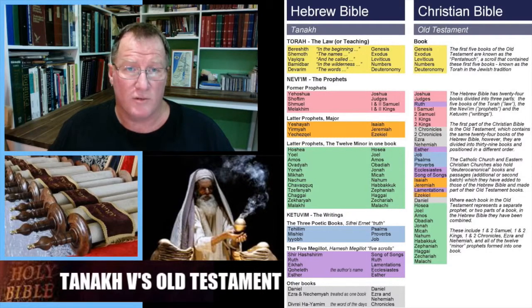So again, 24 in the Tanakh or the Hebrew Bible, and 39 in the Christian Bible. You can see it's been broken up into many more components, I guess, to achieve this organisational difference between the two books.